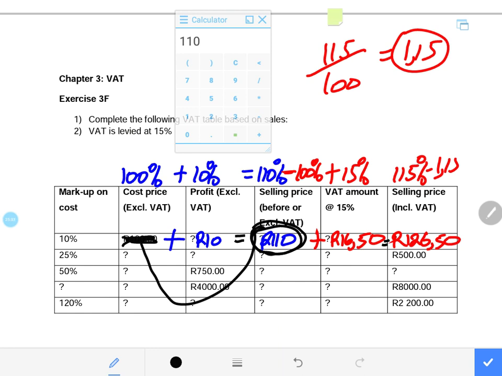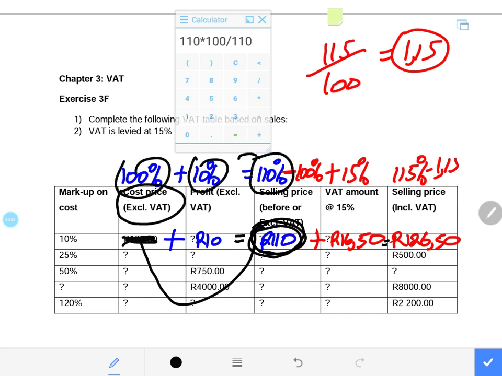Why 110? It is not this 110 rand, but it is 110% because we have added 10% to the cost price. Therefore, this amount became 110%. So I'm dividing by 110 in order to get to the original amount of 100 rand.